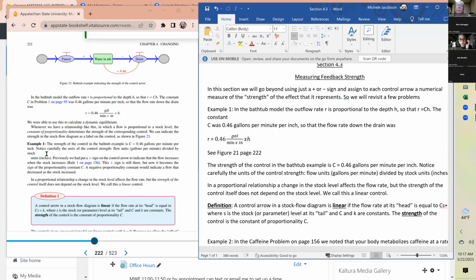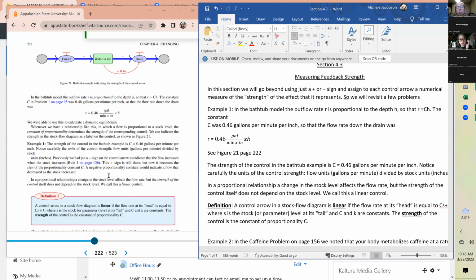If you look at example 1, well, it says, in the bathtub model, the outflow rate is proportional to the depth of the height. Remember, we used R equals how much was in there times the height. And the constant 0.46 gallons per minute per inch. And that's what they're doing here. And then you multiply by your height.